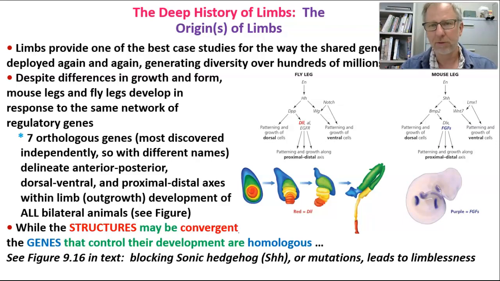If you want to go all the way back to fish with paired fins, and then those of course gave rise to limbs. So the structures are convergent, but the genes that control the development of these structures are homologous, going all the way back to at least the common ancestor of all bilaterians.